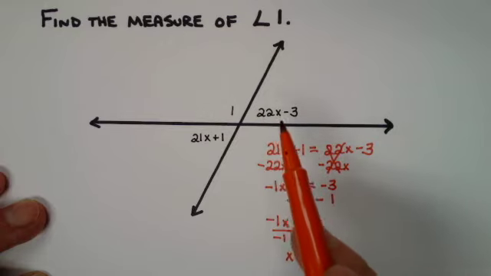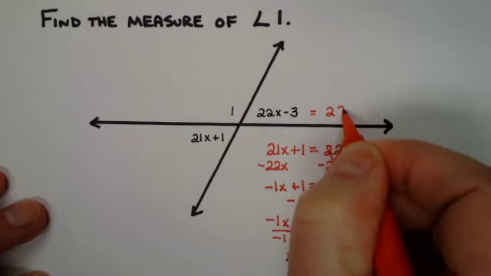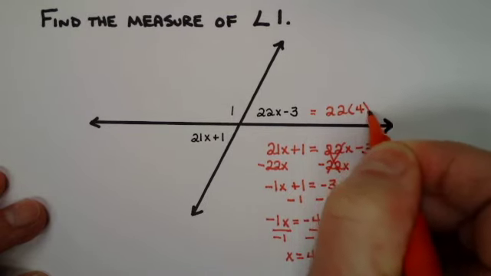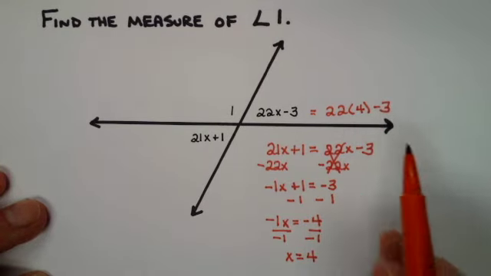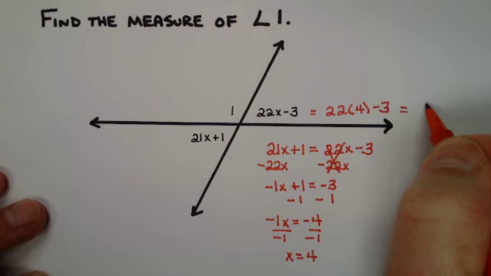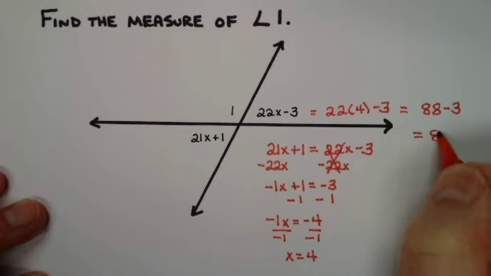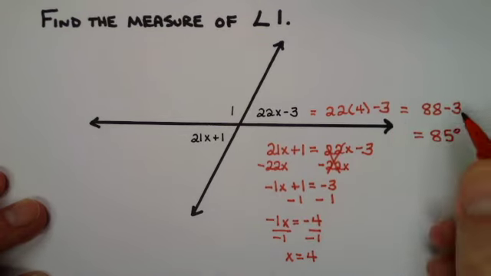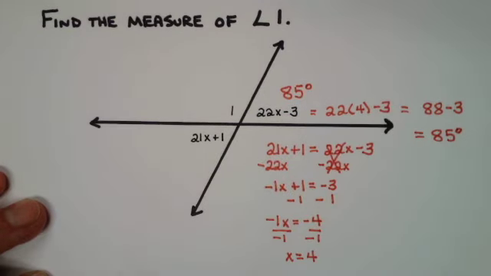So this is 22 times x minus 3. That's going to be the same thing as 22 times 4 minus 3. 22 times 4 is 88, and 88 minus 3 is equal to 85. This angle measure right here is 85 degrees.